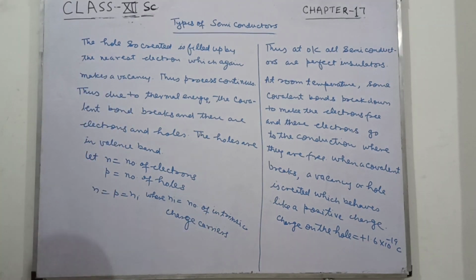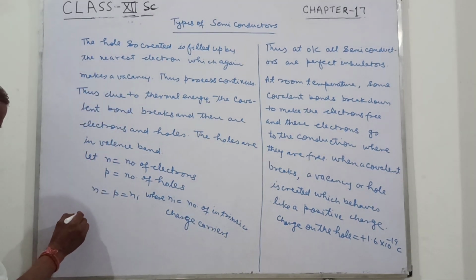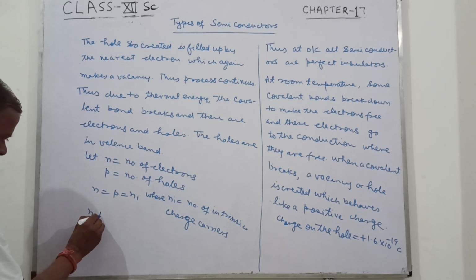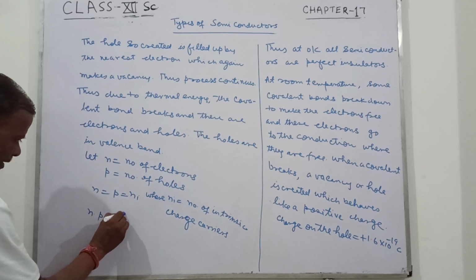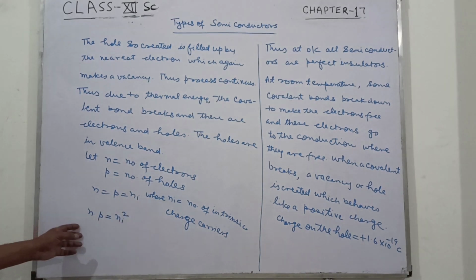So these are all equal. So we can write n times p is equal to ni squared. This is the law of mass action.